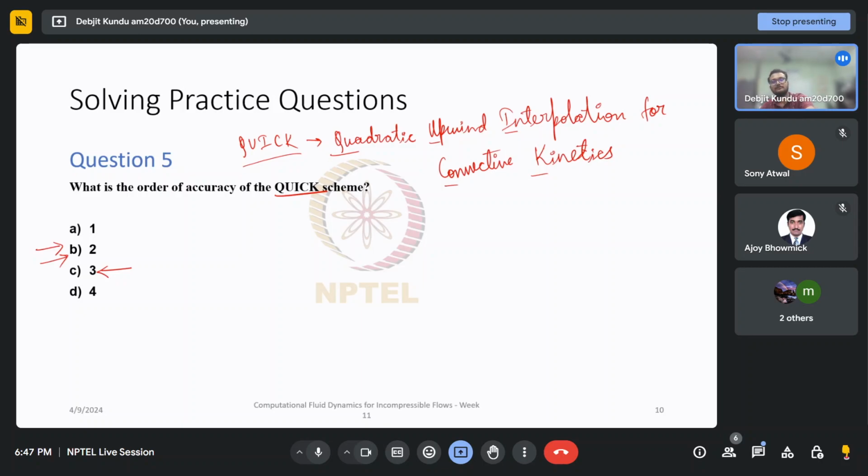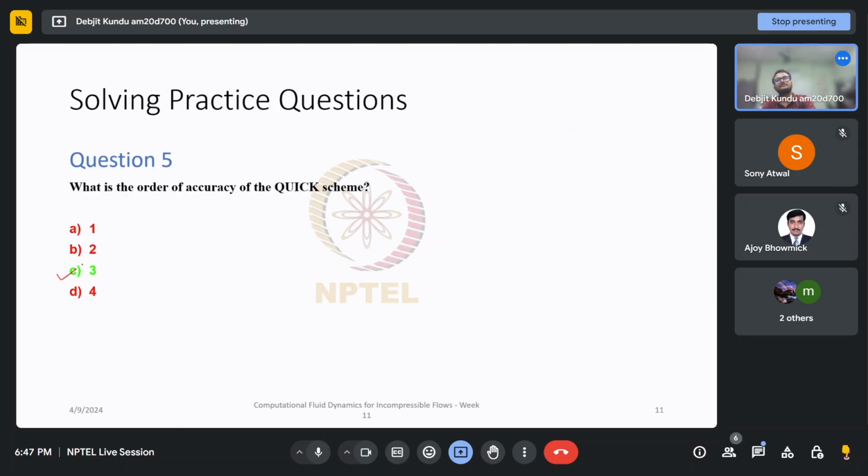Okay, so let's have a look at the solution. It is actually 3. Good.